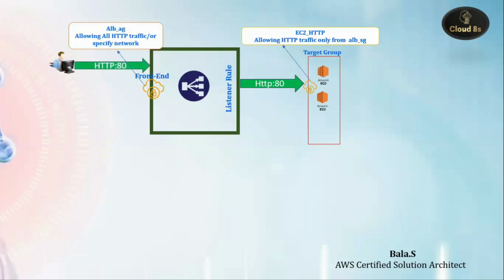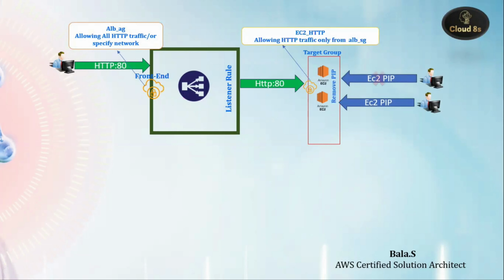If a user tries to connect on port 80, it will forward the traffic to that particular target group. Apart from that, we have disabled the public IP of the EC2 instances, so if a user tries to access the EC2 instance directly, they will not be able to, since we have isolated that environment.